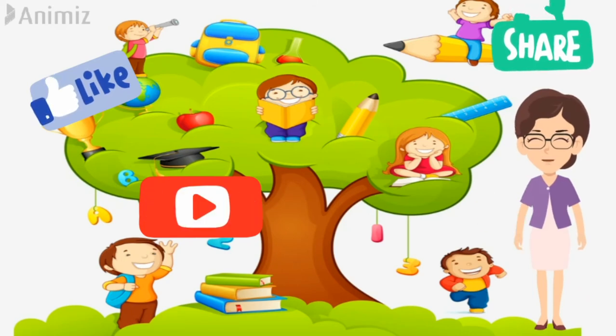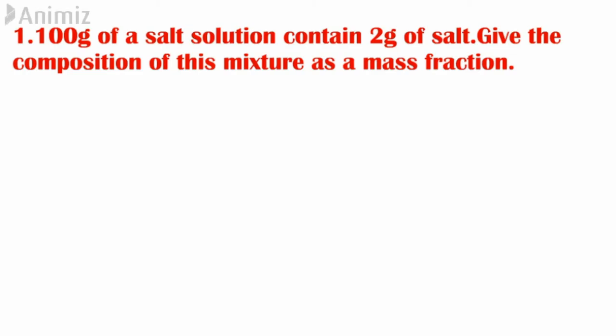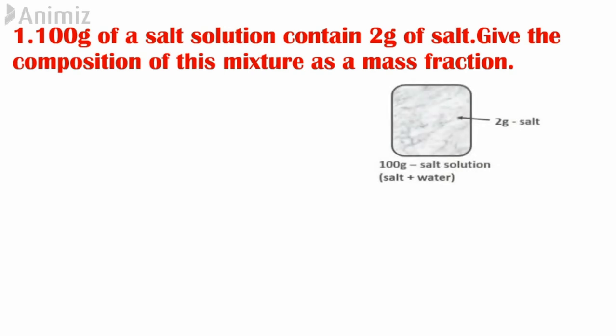Now let's start. The first question is, 100 gram of a salt solution contains 2 gram of salt. Give the composition of this mixture as a mass fraction. So here the salt solution means the addition of salt and water.